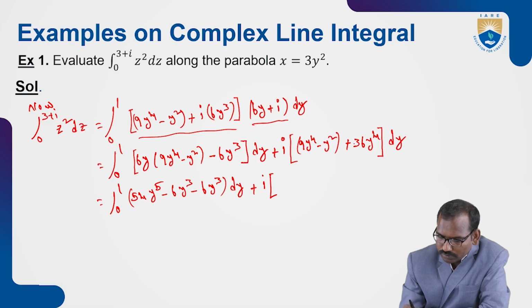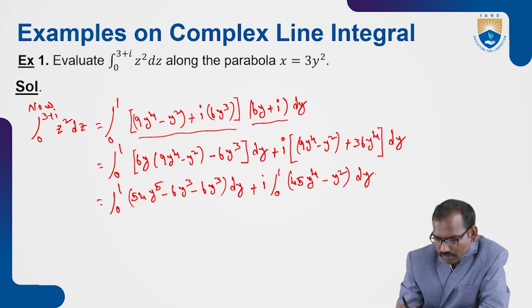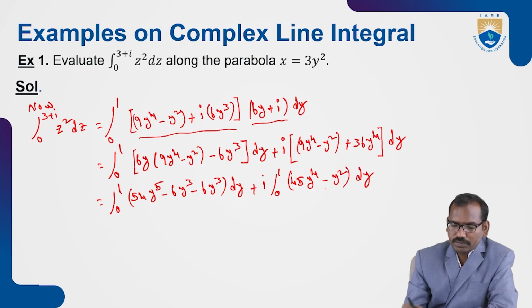Here you can get the y to the power 4 terms, it is 45y to the power 4. Okay, I will take the integral of this separately. Integration from 0 to 1 of 45y to the power 4 minus y square dy. Now we have to perform this.